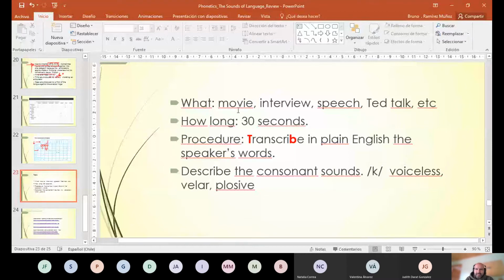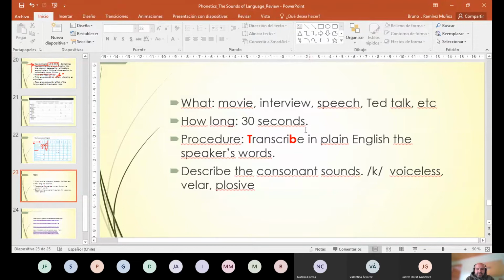You can choose a movie, an interview, a speech, a TED talk, anyone talking about something or having a conversation or a dialogue with someone. And you will select 30 seconds, okay? These 30 seconds can be at the beginning, in the middle, at the end. It's totally up to you, okay? It's for you to decide which section you are going to select.